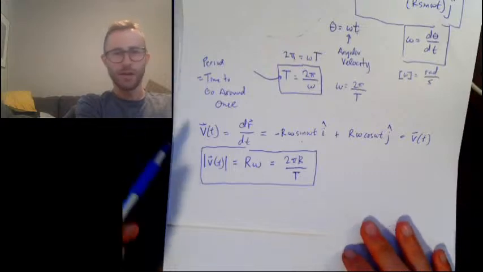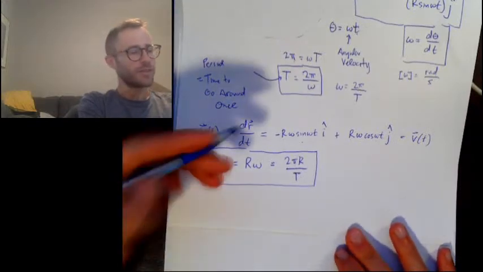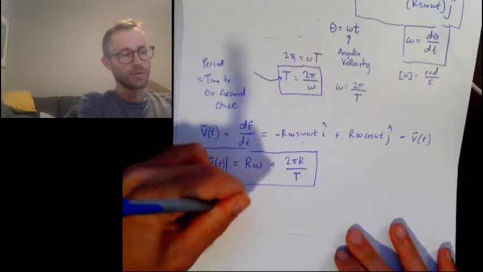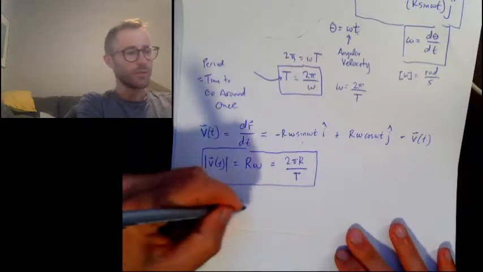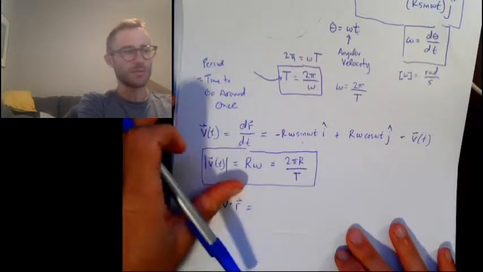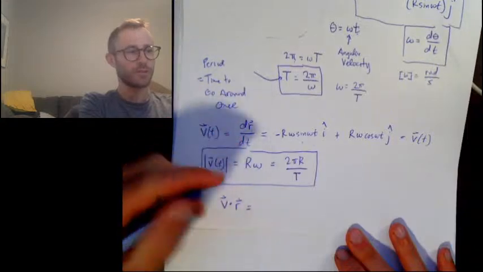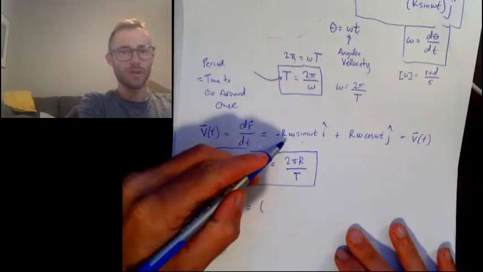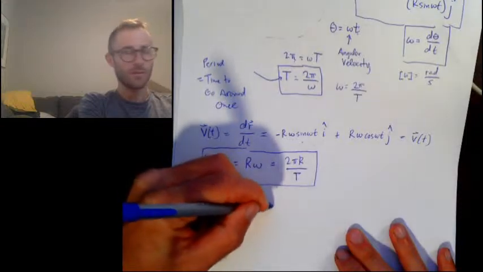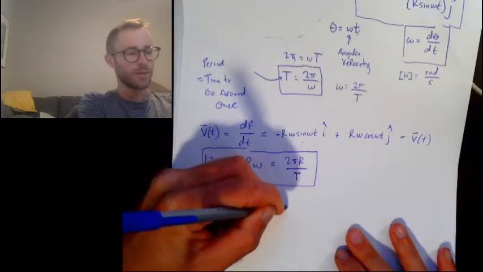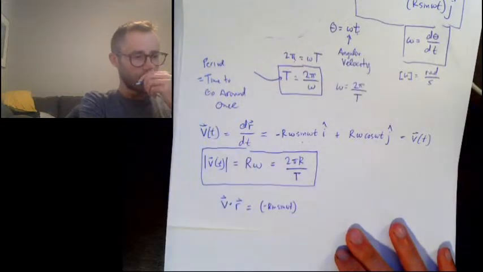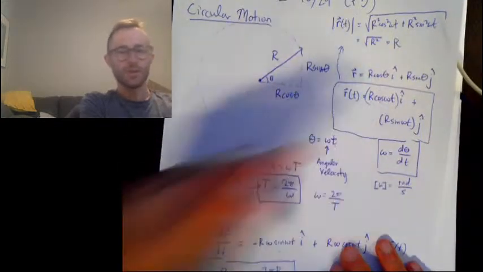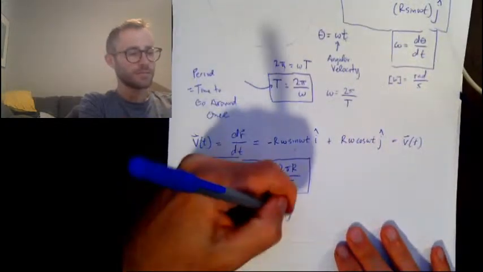Another thing I wanted to point out is that we could take the dot product of the velocity with the position. Well, it would be x component times x component. The x component of the velocity is minus r omega sine of omega t. The x component of the position is r cosine of omega t.